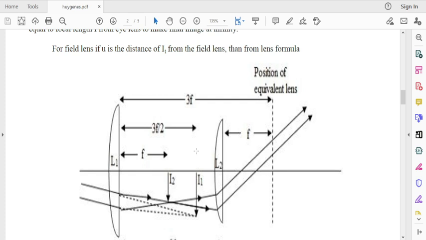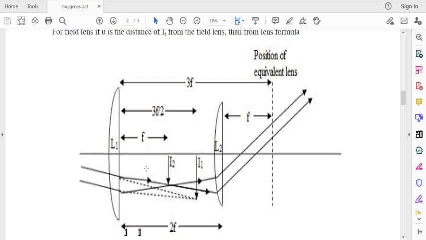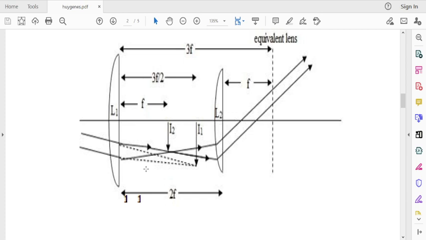In instruments using a Huygens eyepiece, a scale is not used when magnification is low. These are important points to keep in mind.